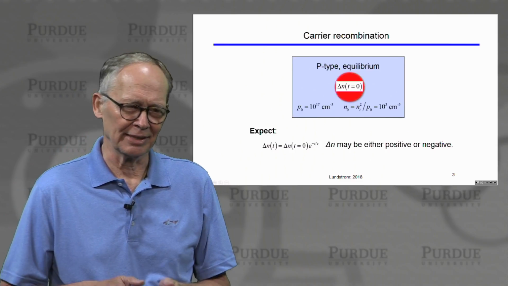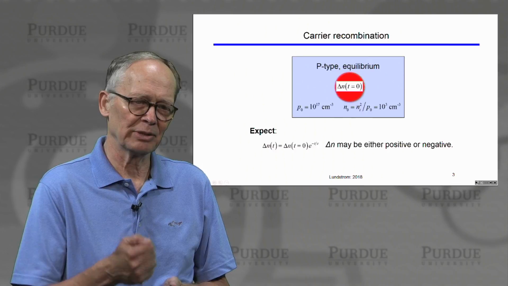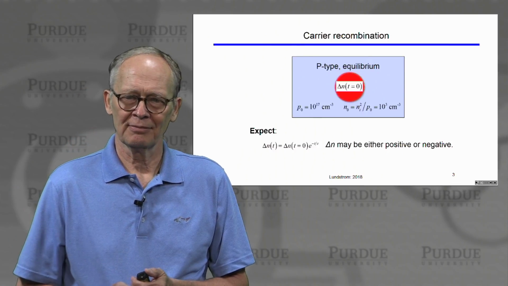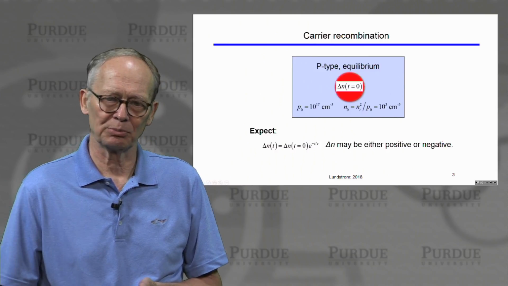Now, intuitively, if we perturb a system, we expect the system to respond by trying to return to equilibrium. And oftentimes, this return to equilibrium is an exponential process.